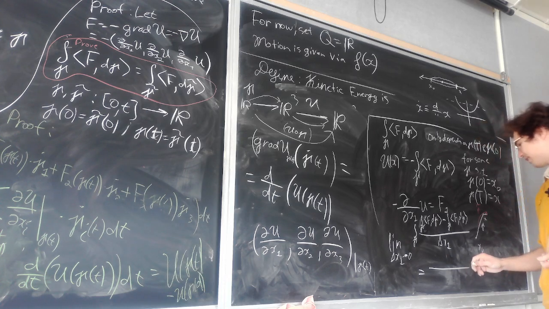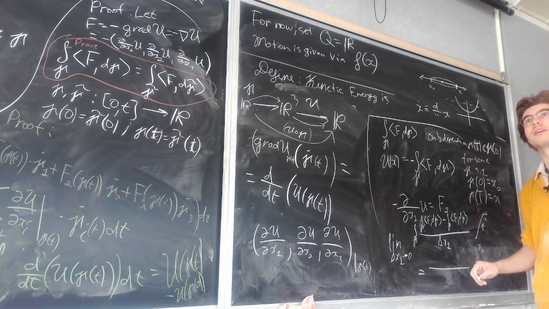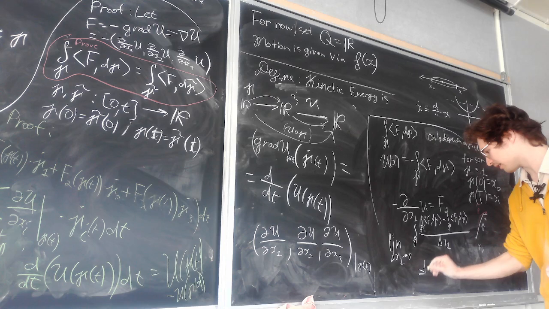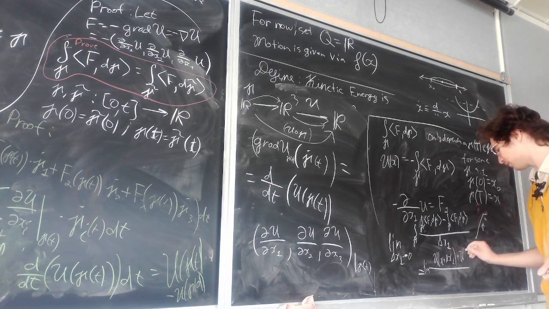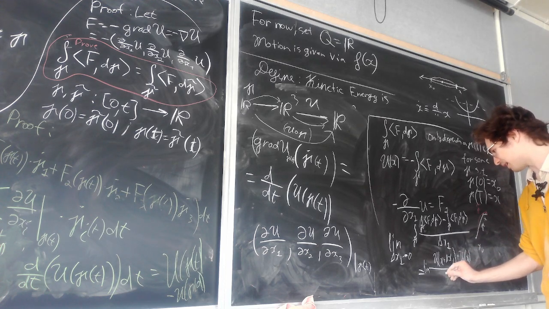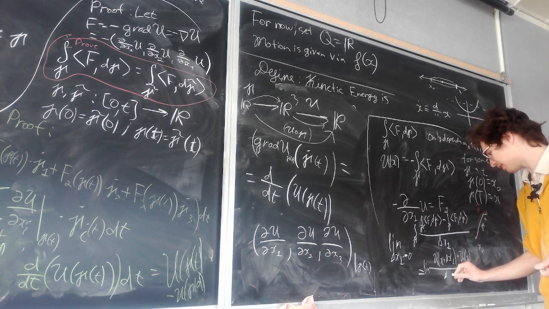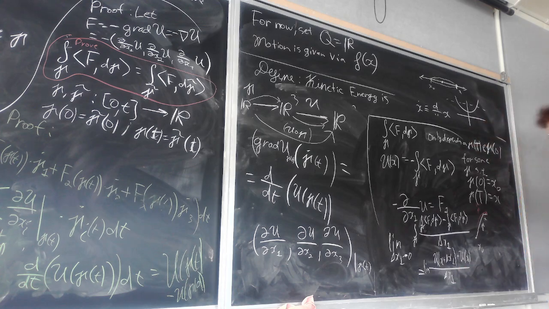The idea is that this would be the same as just taking this limit of u of x plus dx1 minus u of x divided by delta x1. Essentially, well, I just wrote down the definition of the derivative.